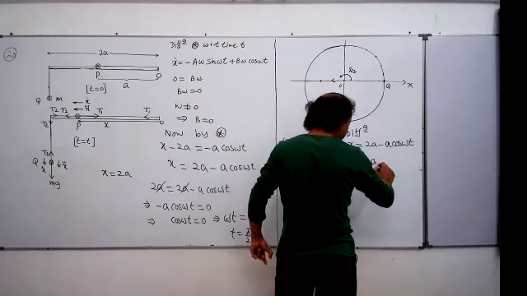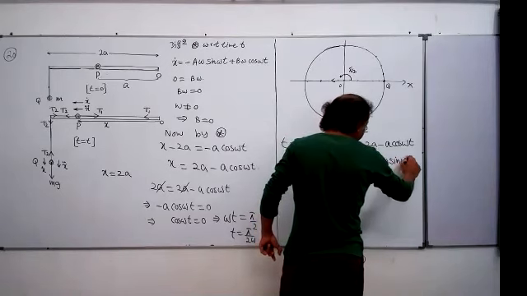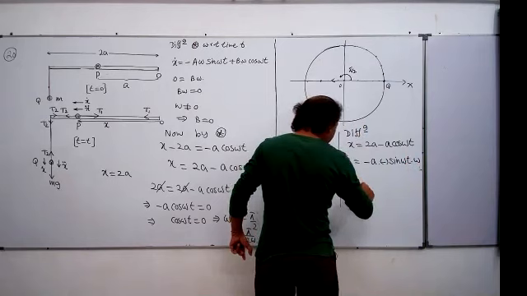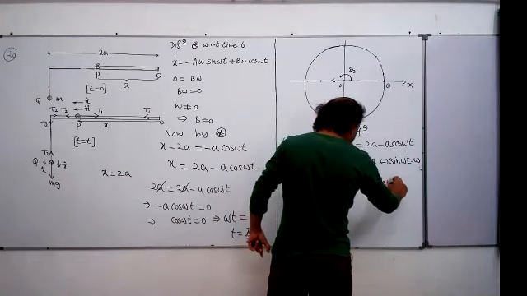Minus a is a constant. The derivative of cos omega t is minus sine omega t into omega. Therefore, x dot of t is equal to a omega sine omega t.